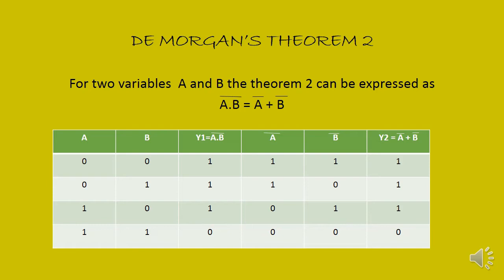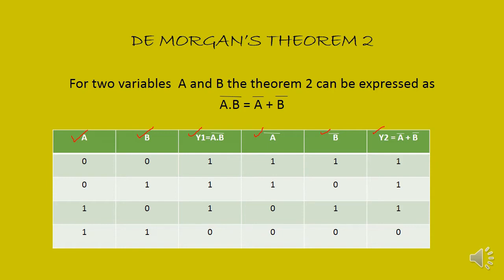From this statement, let's see how we can draw a truth table. What are the inputs? A is one input and B is one input. Y1 is the LHS output, Y1 equals (A dot B) whole bar. A bar is another input and B bar is another input. Y2 is the RHS output, Y2 equals A bar plus B bar.